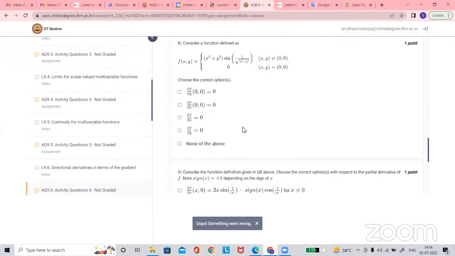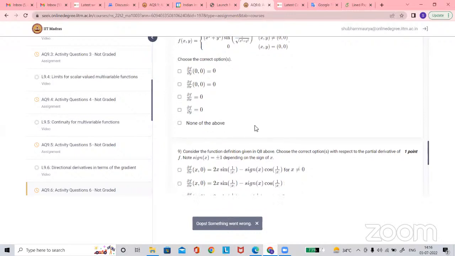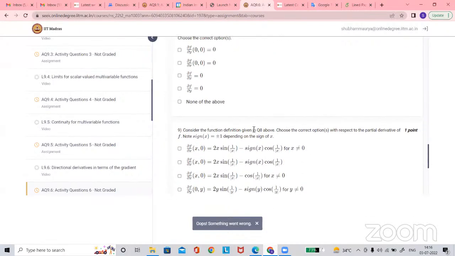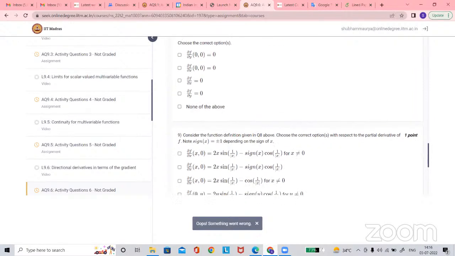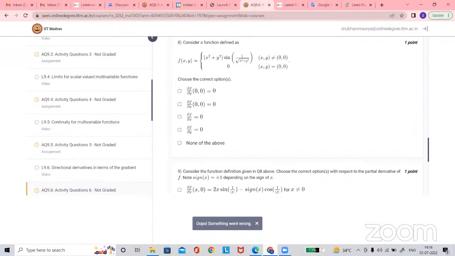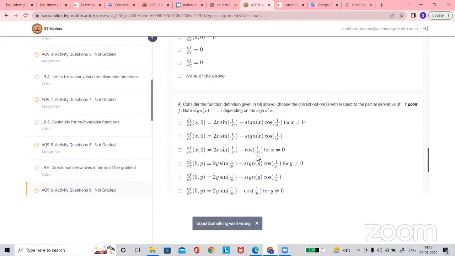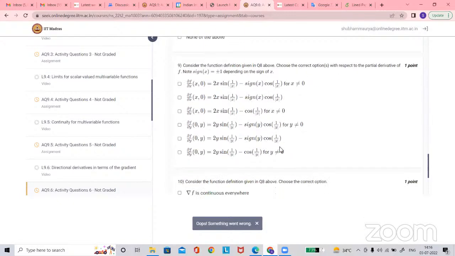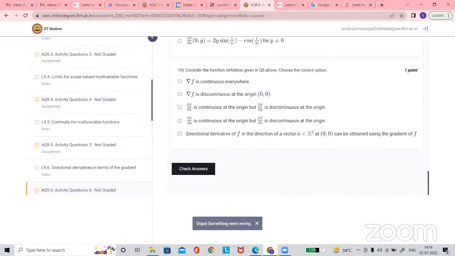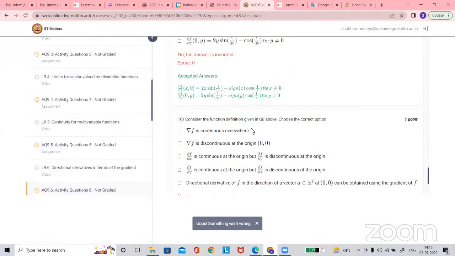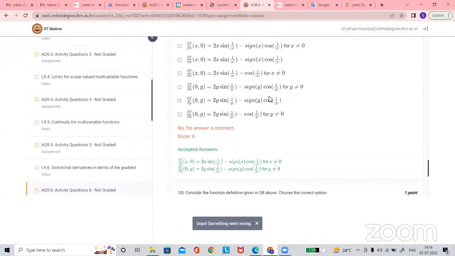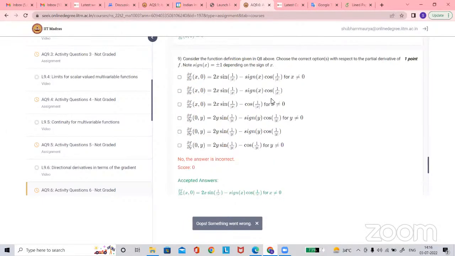So what is the doubt here? The doubt, sir, is after differentiating, I'm getting C in question number 9, option C and the last option. Okay. So is that not matching with that option? Yes.